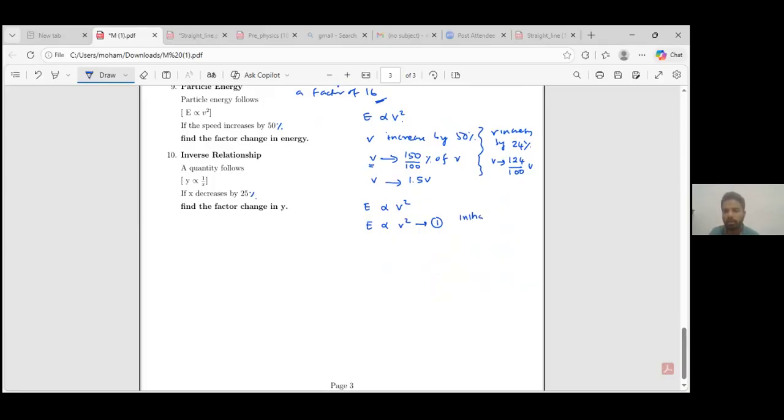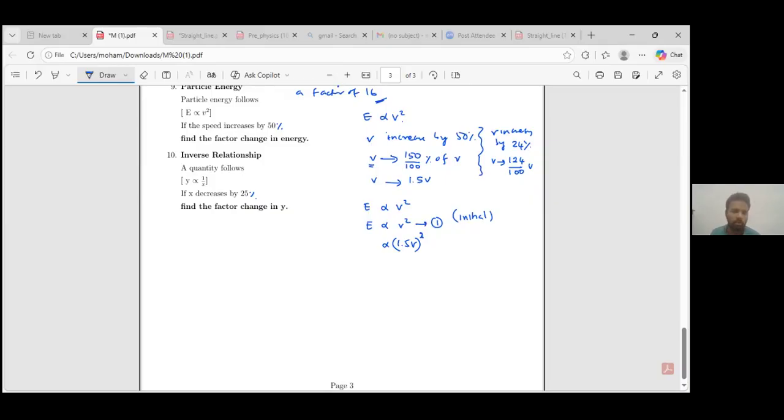Initially, when velocity is V, the energy is E. Let's just take that value itself. Now V becomes 1.5 V, right? The new value of V is 1.5 V.